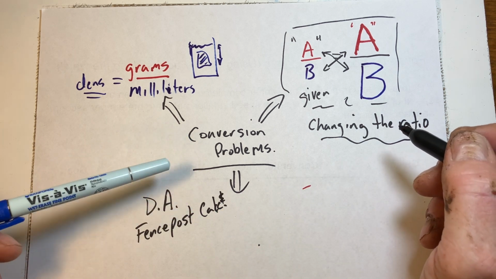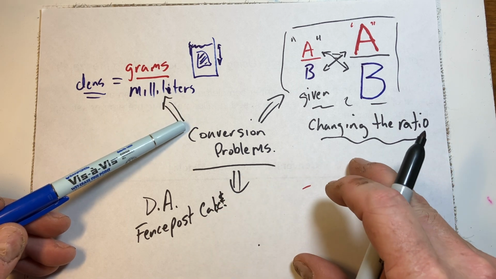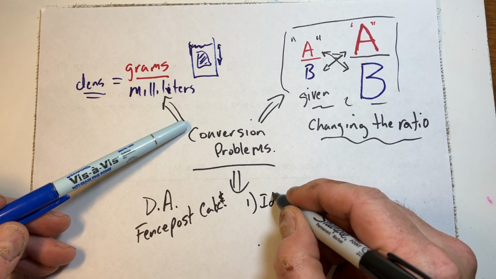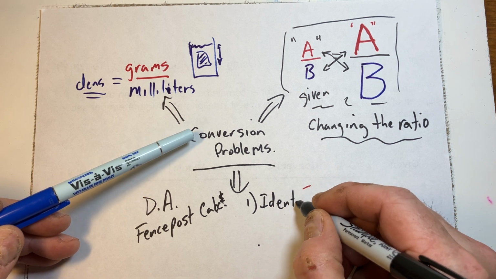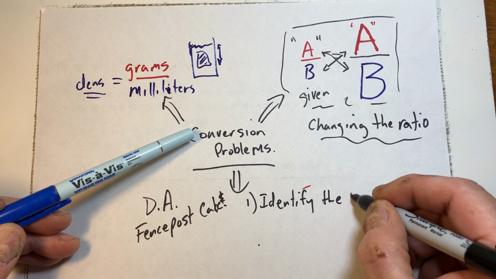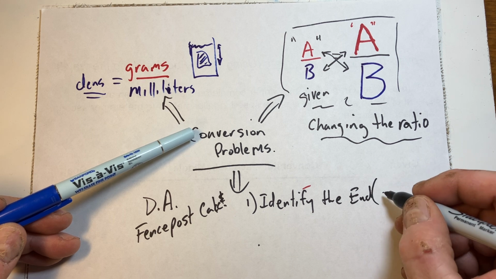We call it the conversion train. So you're going to learn in the videos to follow that the first thing we do is identify the end. What do they want to get to? What is it? The unit. The unit usually is, we call it the caboose.